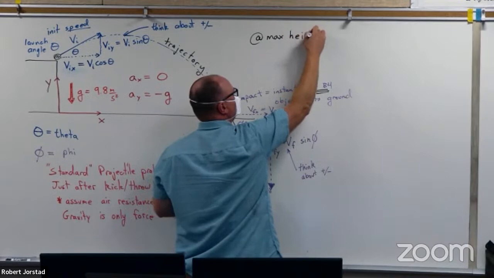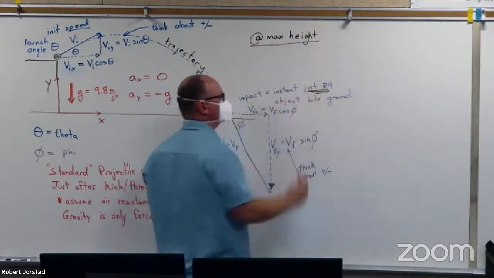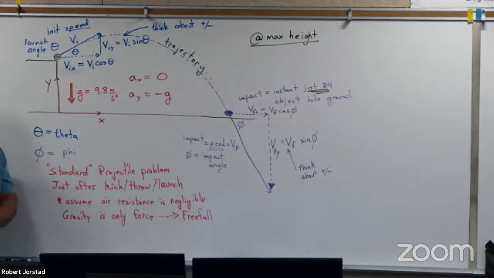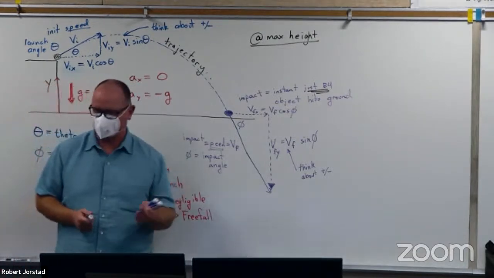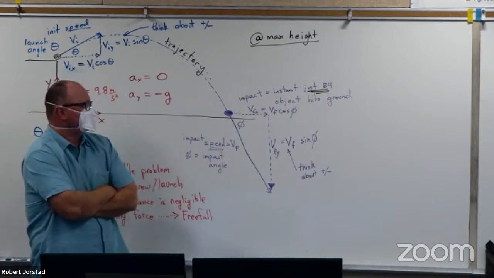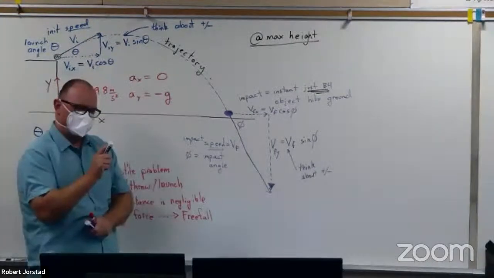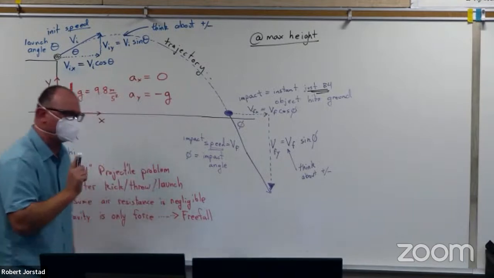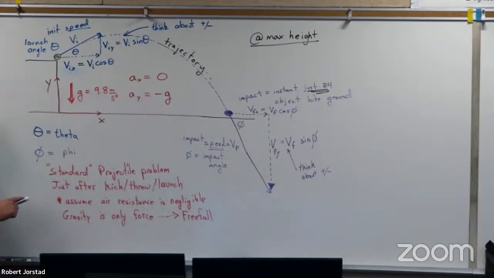Okay. When it reaches maximum height, is the velocity 0 or non-zero? What's your gut tell you? Speak up. It'll make you more interested in the answer. It's 0 in one component, but not 0 in both components. Which component goes to 0 at max height? The y component.